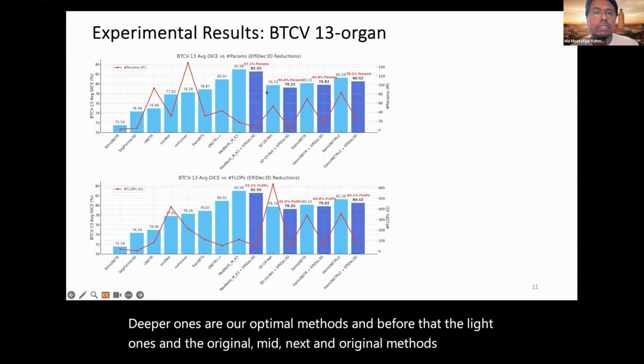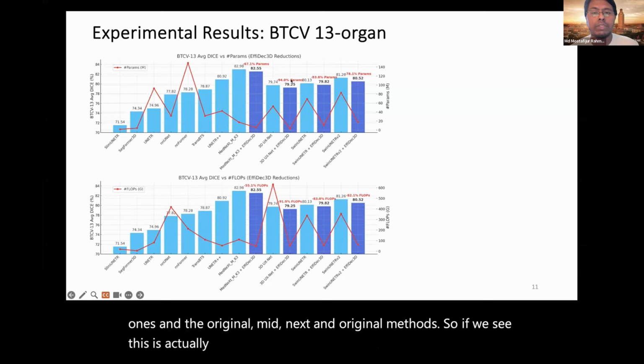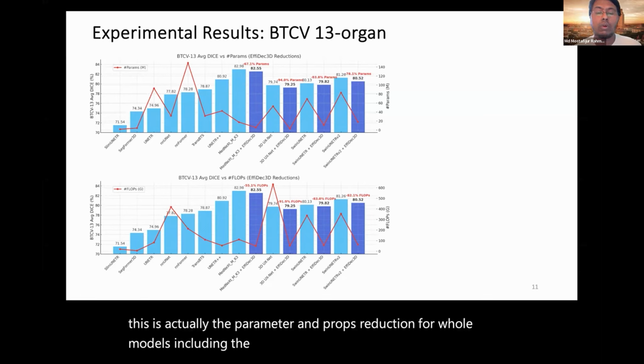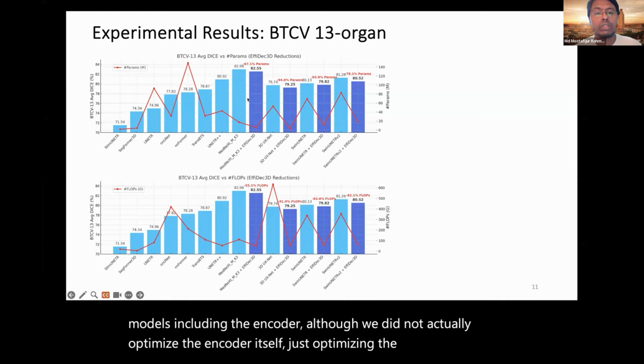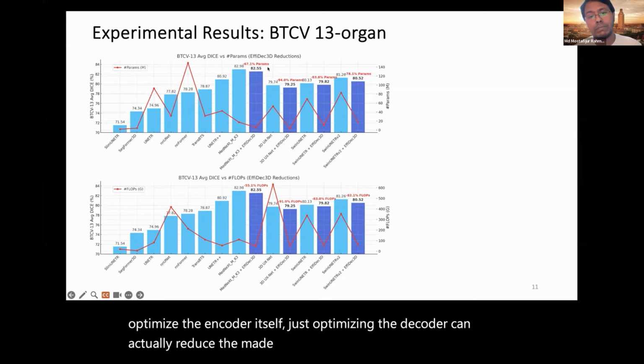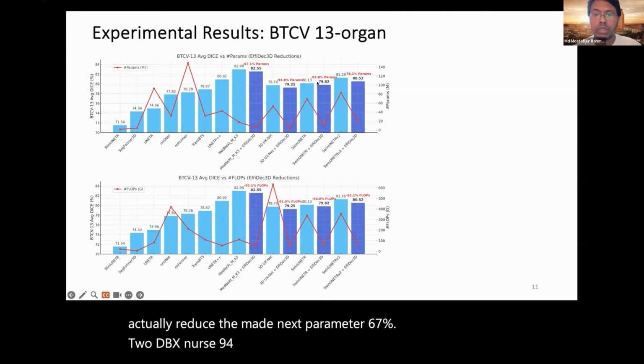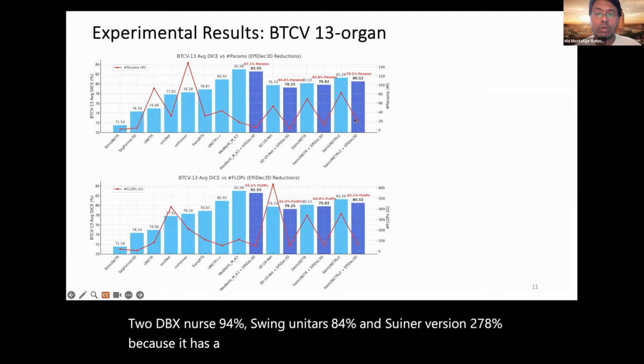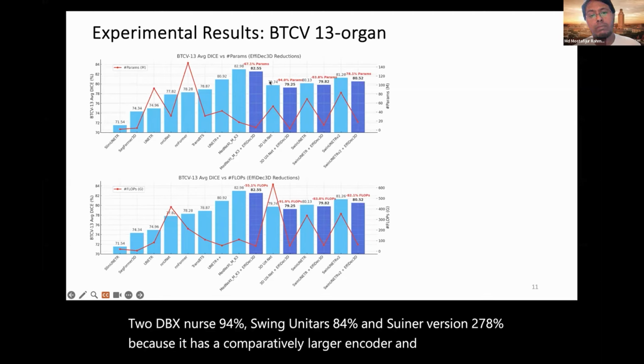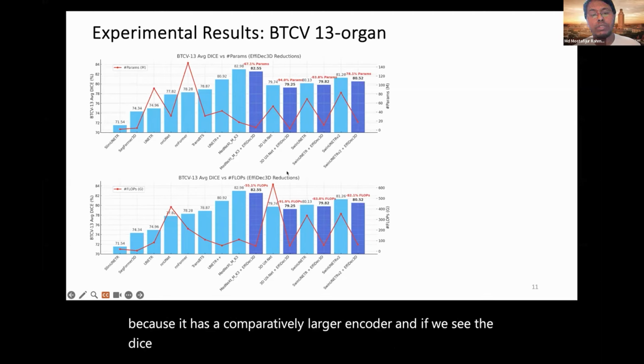This is the parameter and flops reduction for the whole model, including the encoder. Although we didn't optimize the encoder itself, just optimizing the decoder can reduce the MedNeXt parameters by 67%, 3D VxNet 94%, SwinUNETR 84%, and SwinUNETR version 2 78%, because it has a comparatively larger encoder. And the dice score reduction is marginal, not that much in this complex dataset.